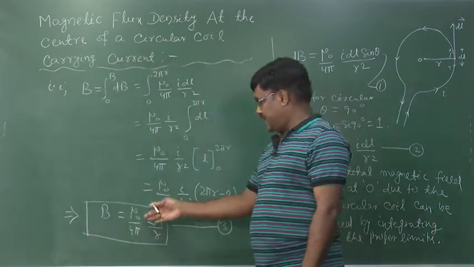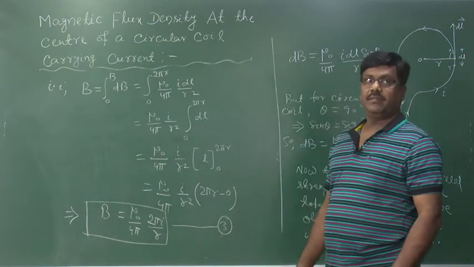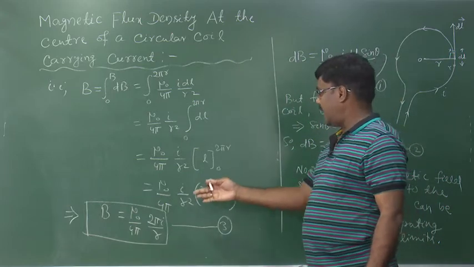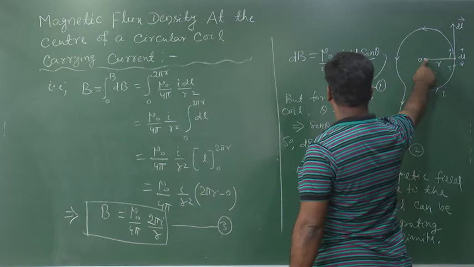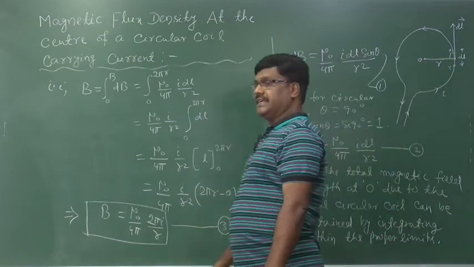This is the expression for the magnetic field strength at the center of a circular coil carrying current.